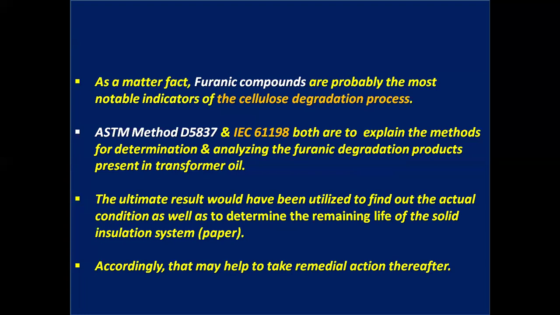The ultimate result is utilized to find out the actual condition as well as to determine the remaining life of the solid insulation system, that is paper and paperboard. Accordingly, that may help to take remedial action thereafter.